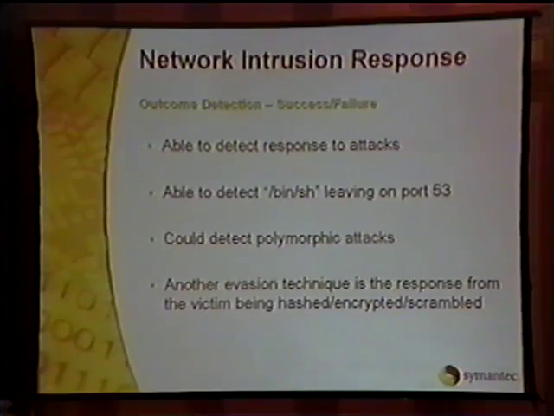Some ways we can detect it: we see a bin shell or detect collaboration coming across from port 53 from your DNS server. Another evasion technique here is the response from the victim being hashed, encrypted, and scrambled. So that could be another evasion technique for outcome detection.